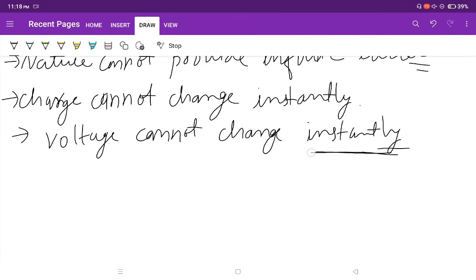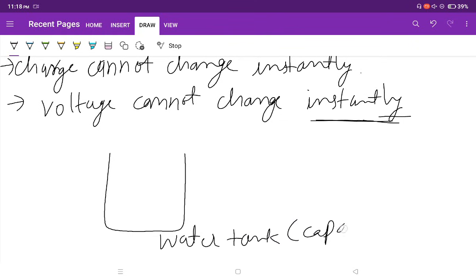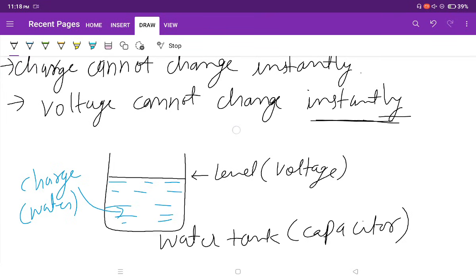Here we have an important analogy. Suppose this is a water tank. The water tank is the capacitor, the water inside it is the charge, and the level of water is the voltage.